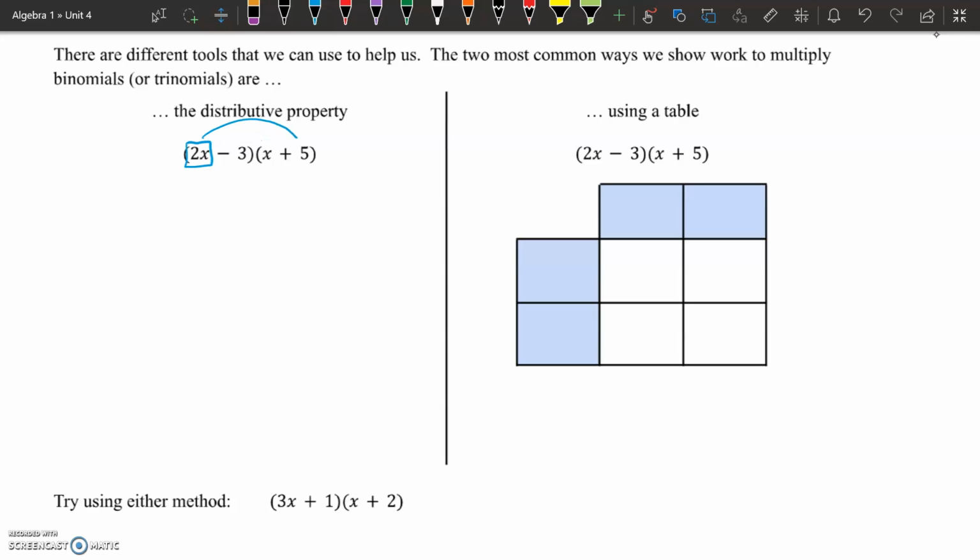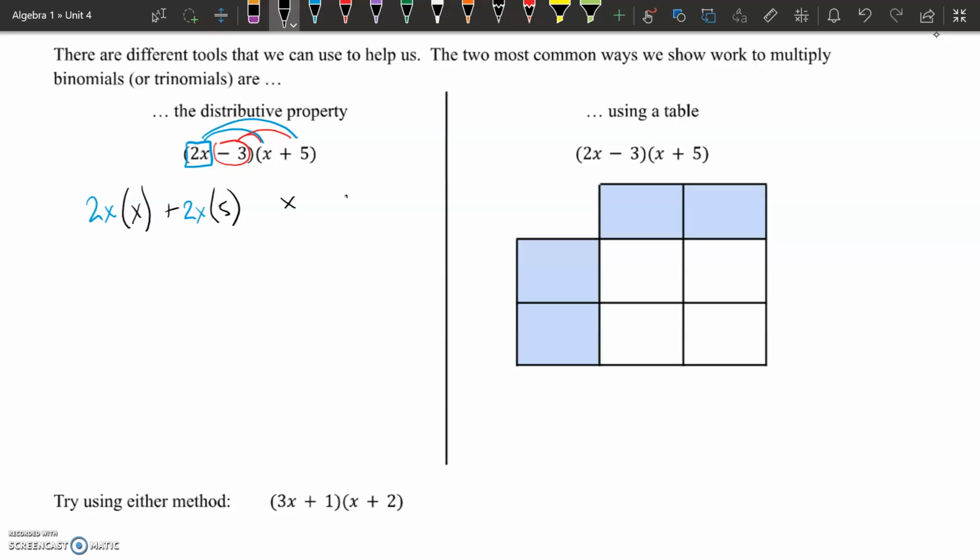So for example, we have 2x times the x, and we have 2x times the 5. The x plus 5 was that addition problem, so we write it this way. And then completely separately, I'm going to multiply my negative 3 and distribute that into the second binomial.